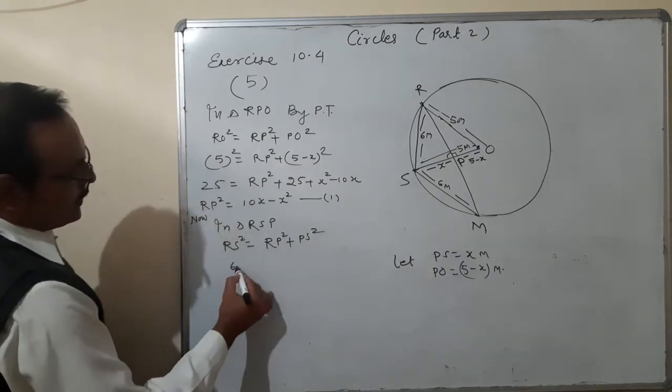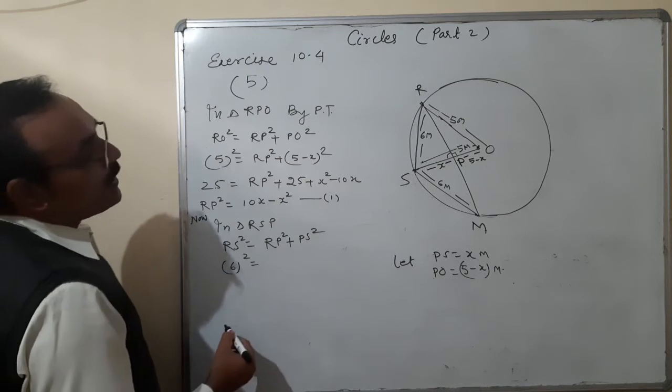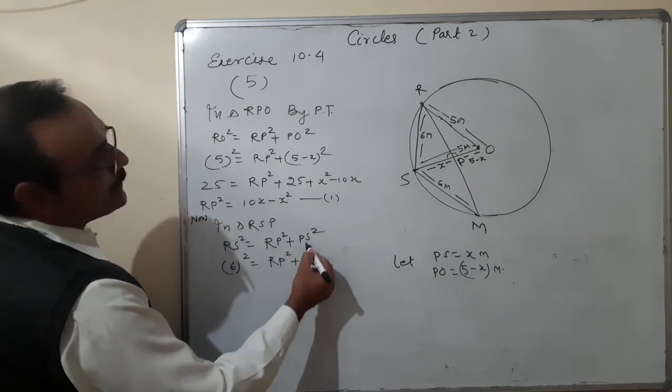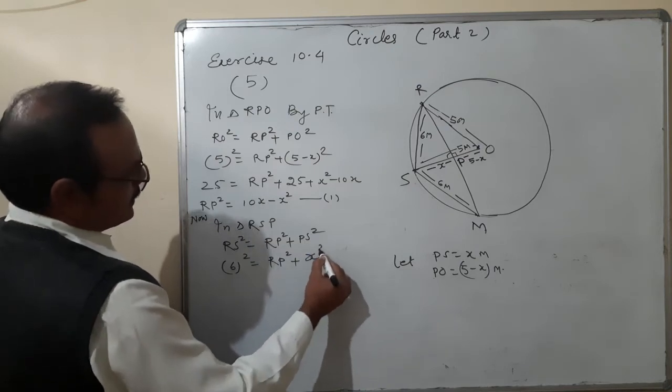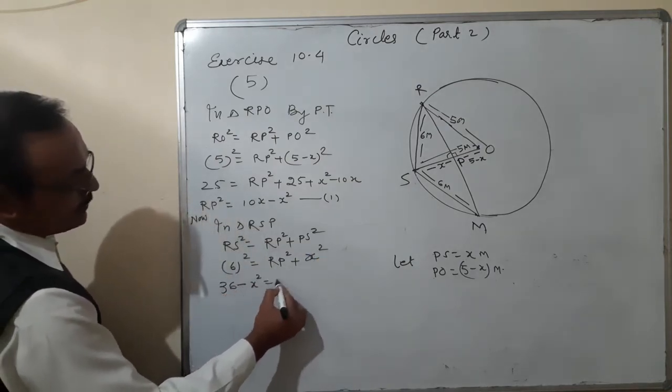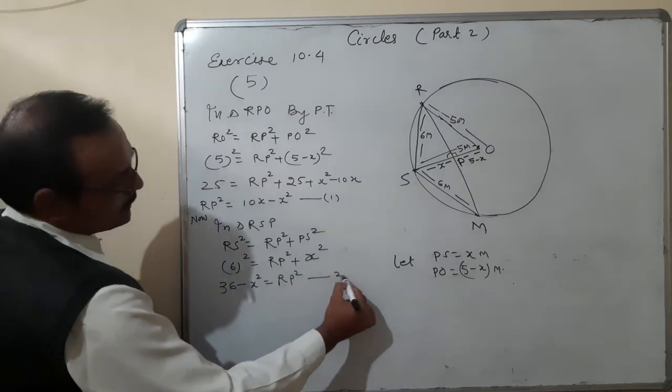RS square, 6 square, is equal to RP square plus PS square, that is x square. So 36 minus x square is equal to RP square. It is equation number 2.